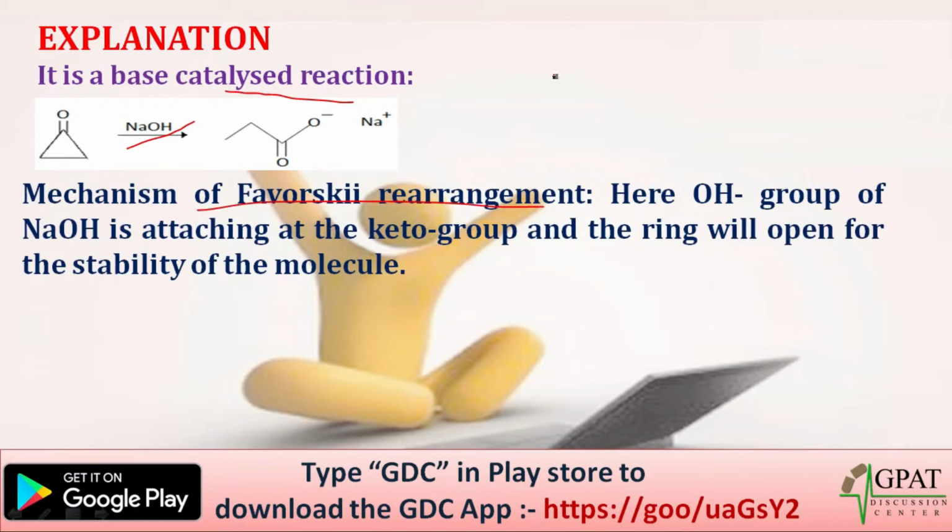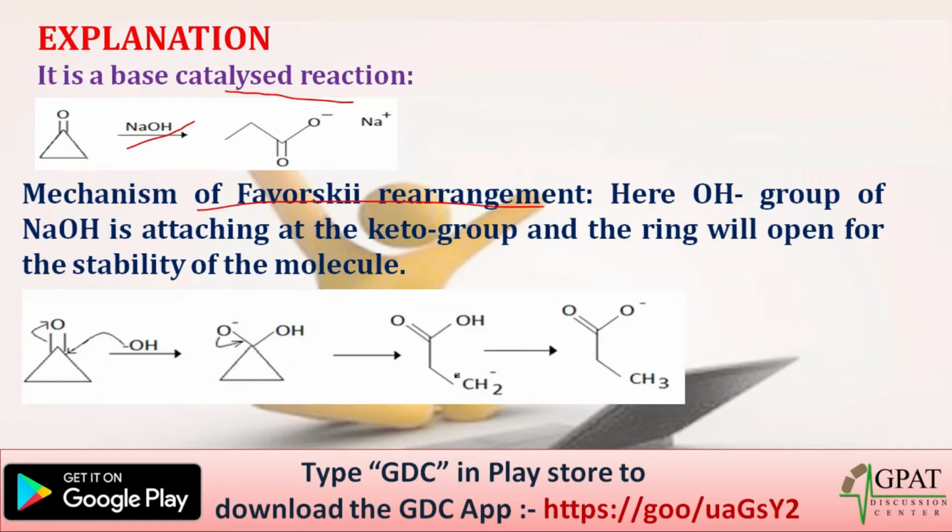First, the OH group of NaOH is attached to the keto group, and the ring will then open for the stability of the molecule.